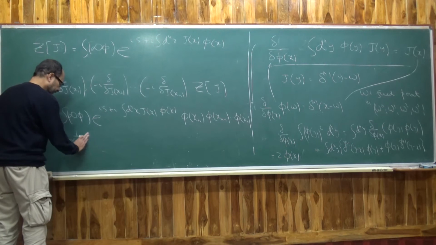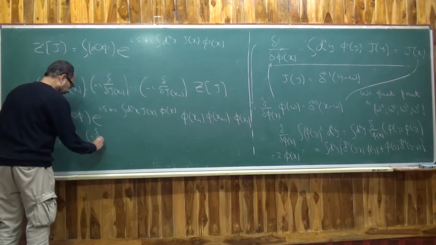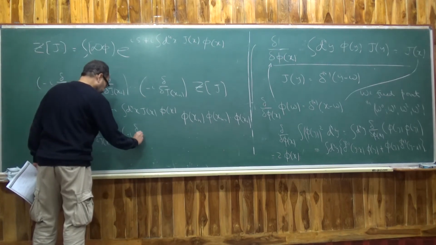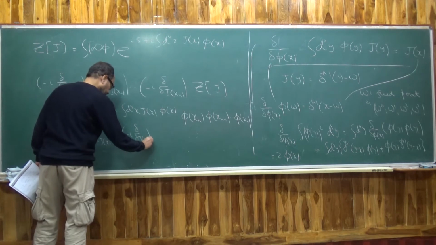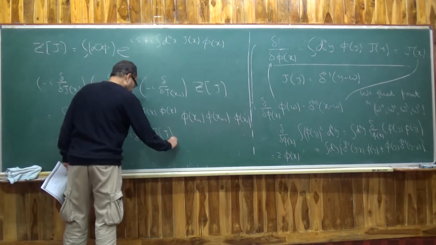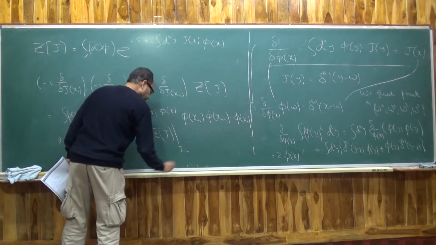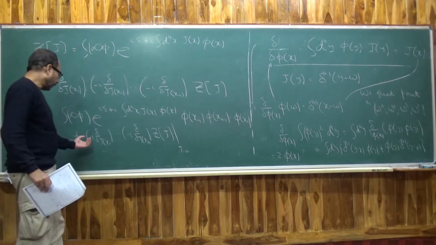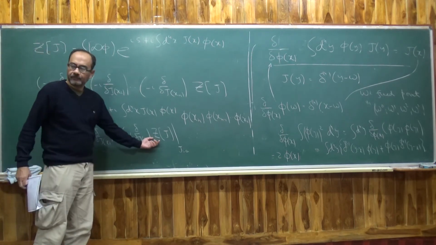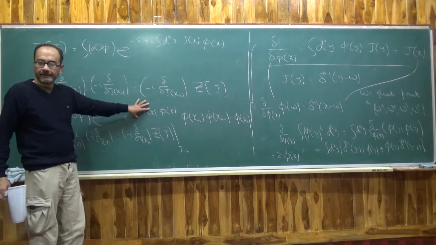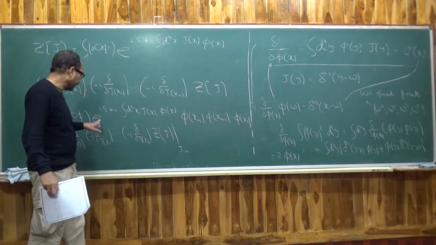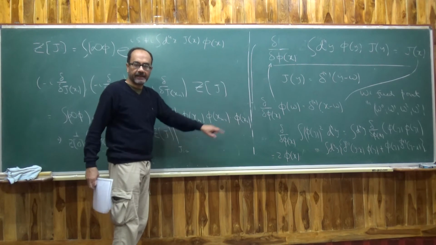So this means that if we calculate 1 over Z of 0 times minus i delta/delta J of x1 and so on, what happens is that after you have differentiated, you set J equal to 0, so this term goes away. This is exactly the path integral you wanted to evaluate: integral d phi e to the iS phi of x1 up to phi of xn.